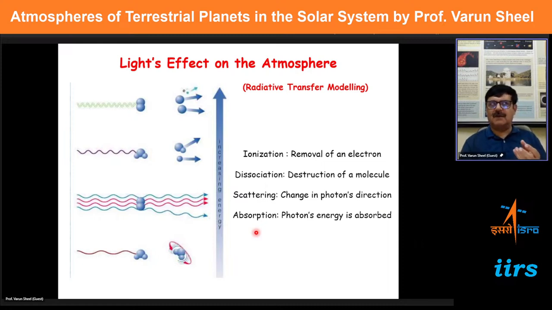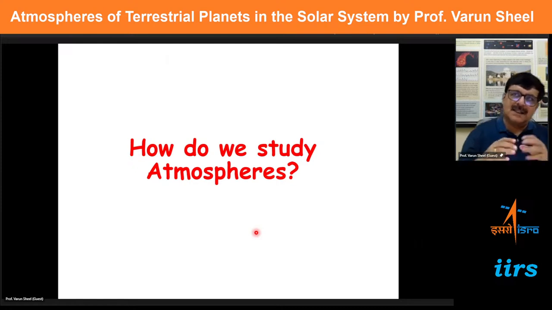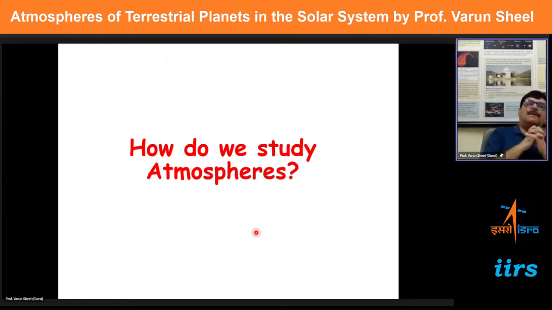But when we study the science of this, when we study the details, we have to go into much more detail to study at the atomic level how the scattering and absorption is occurring. So this was a brief overview of the various processes and the structure which occurs in the atmosphere of any planet.